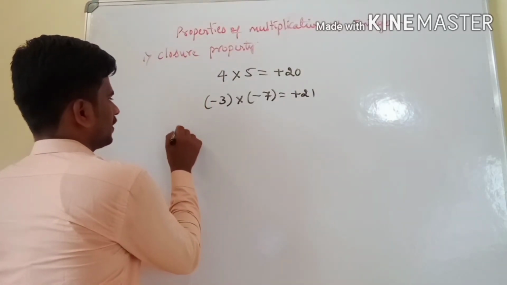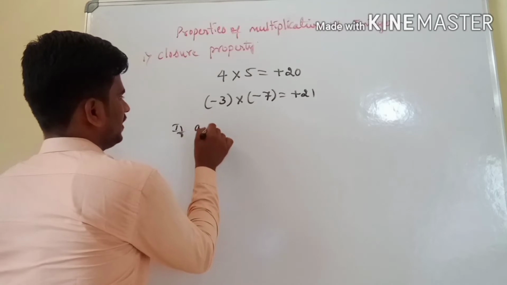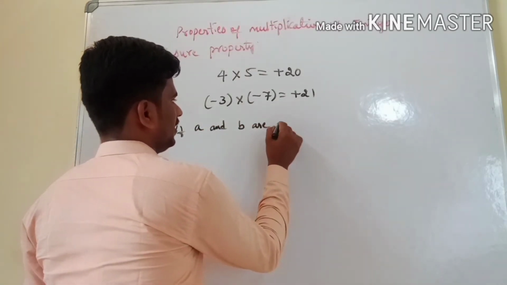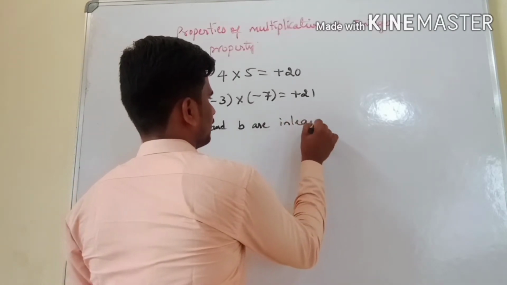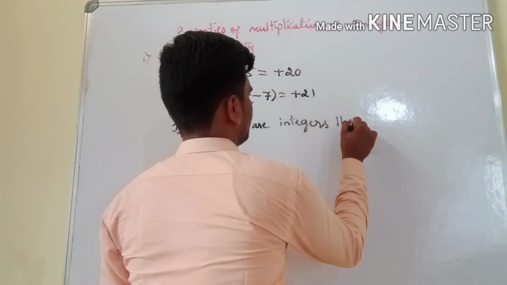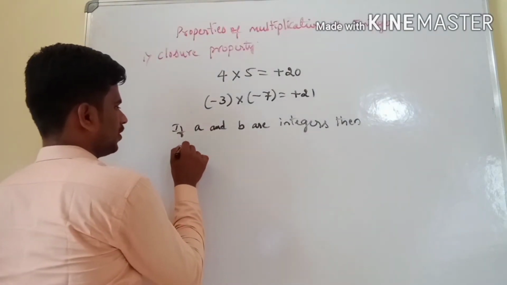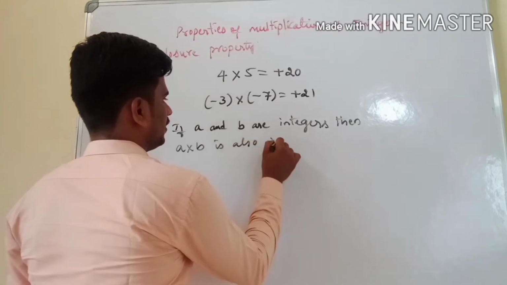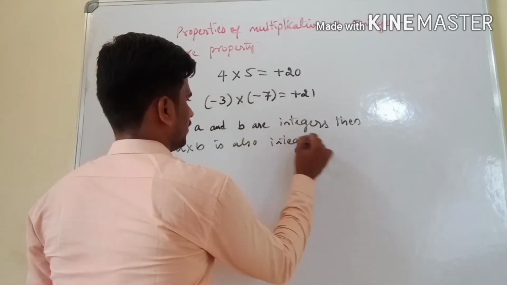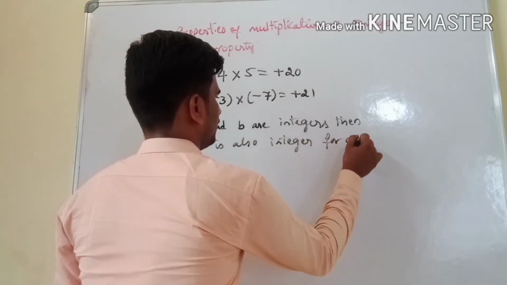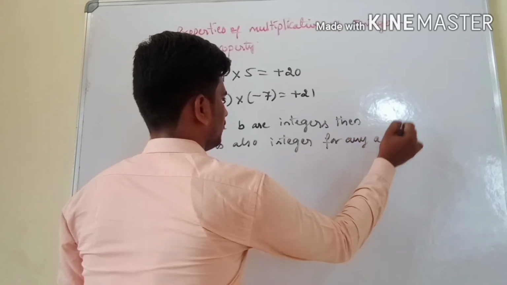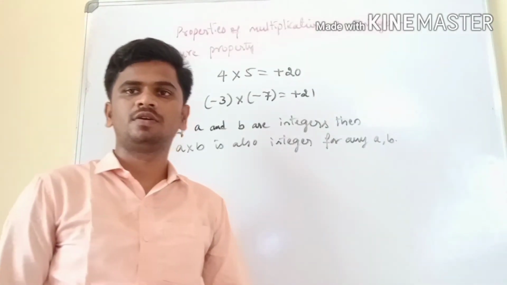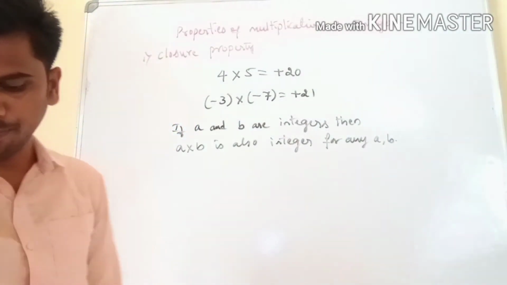So we can write: if a and b are integers, then their product, a into b, is also an integer for any a, b.